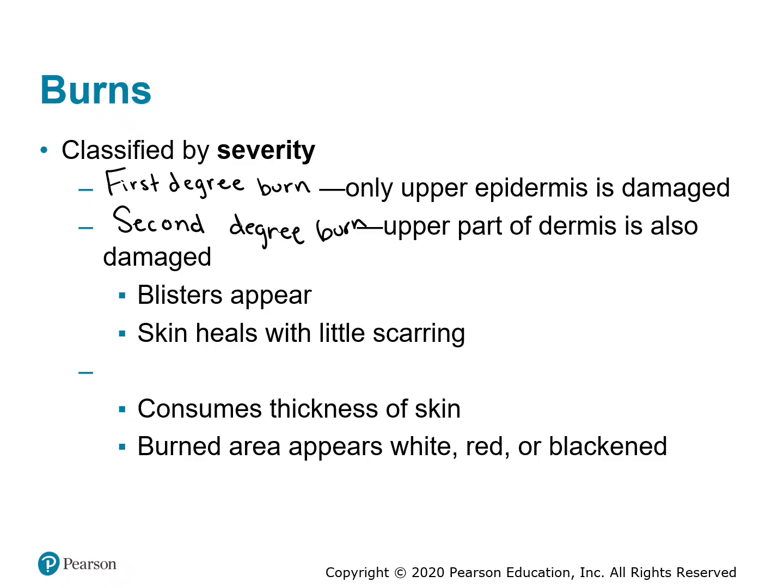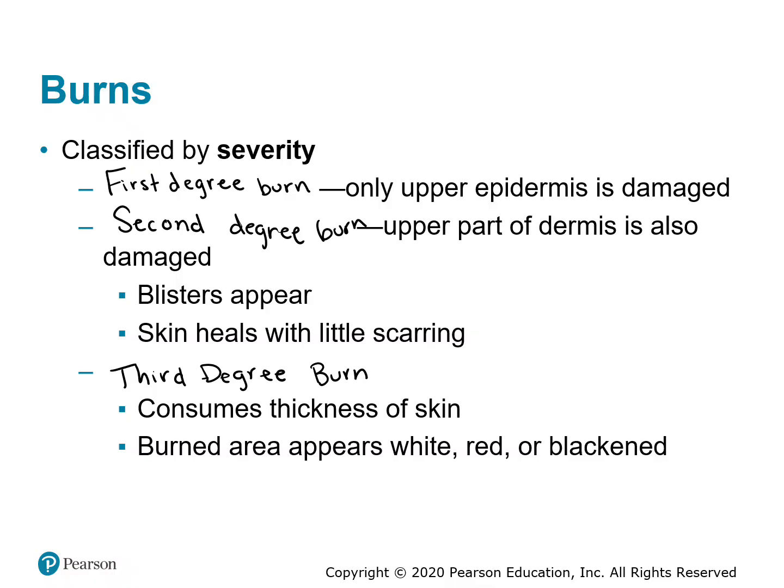Getting into that upper dermis, you're getting into some of that blood supply and innervation, so it will be a little bit more of a painful burn. A third degree burn. These ones are the bad ones. A third degree burn is going to get the entire thickness of the skin.